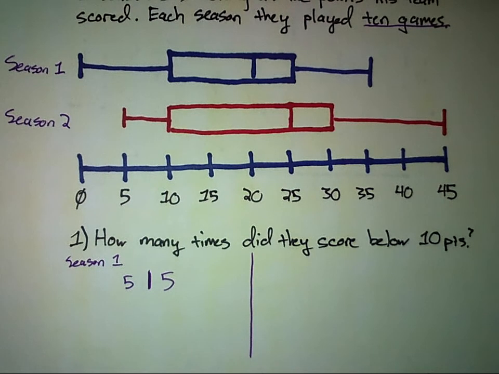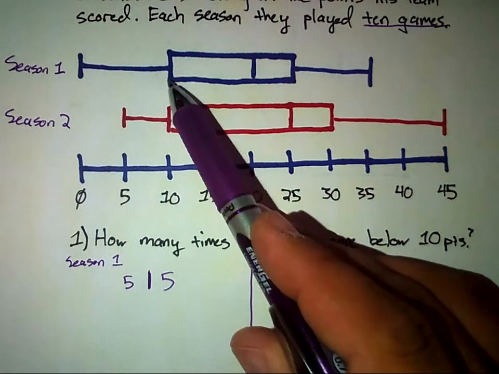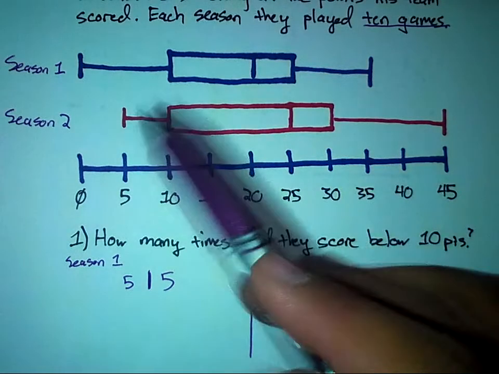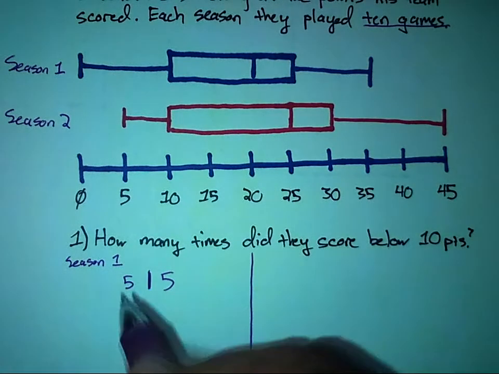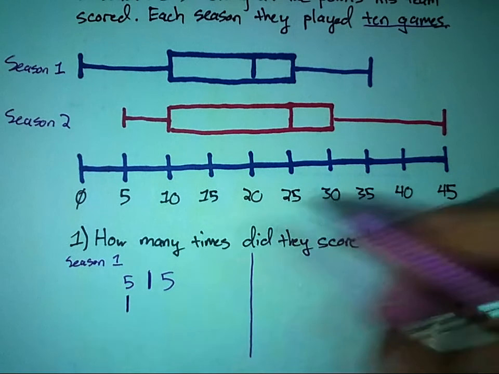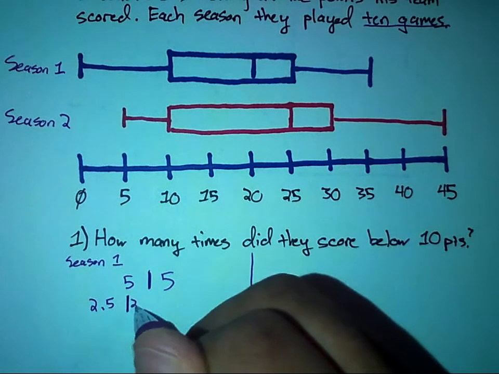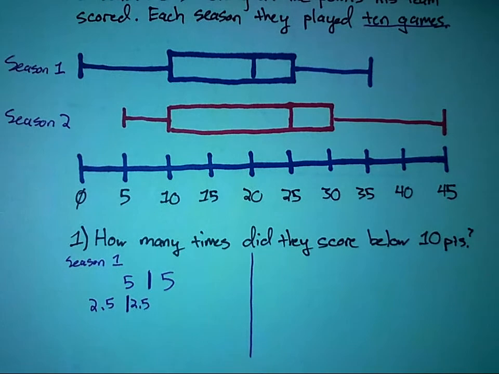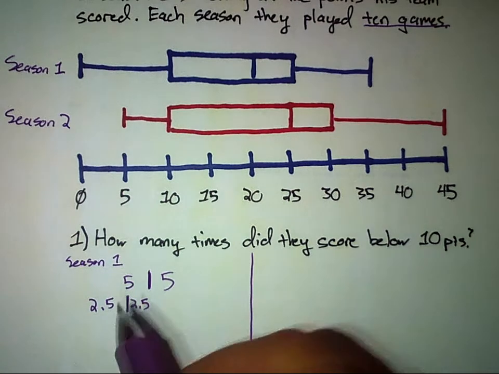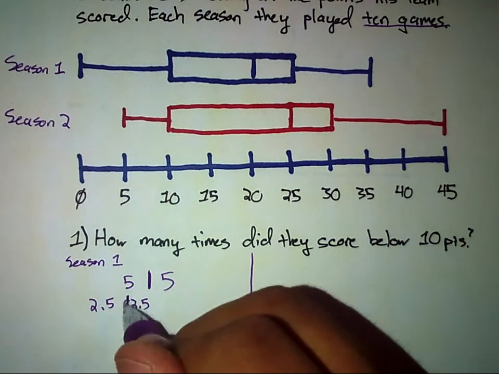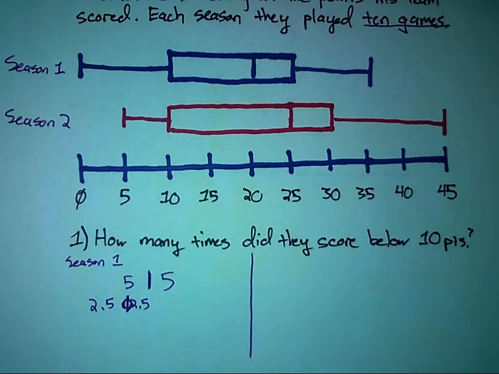Now the focus here is 10 points. And 10 points for season 1 is the lower quartile. So what we need to do is take this and break that in half. So that means it would be 2.5 and 2.5. Now, half a game, last time I checked in all my sports career, you don't play half a game. So what that means is the lower quartile here was an actual data point.